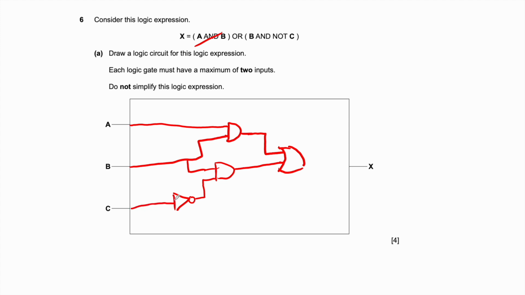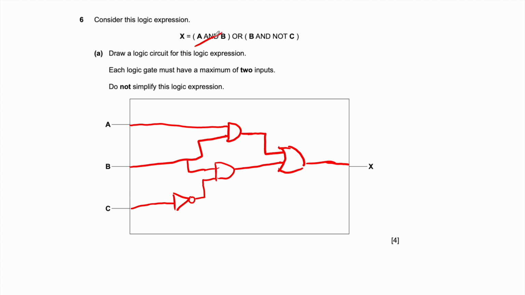Now, I said you can kind of read this like a sentence, and here's how. A and B, or B and not C. So it doesn't work perfectly like a sentence, but it kind of works, right? There's a little bit of structure to it. Okay, and that finishes it up. Now, if that doesn't really work for you, deal with the parts in brackets first. I mean, that's what the brackets are there for anyway.